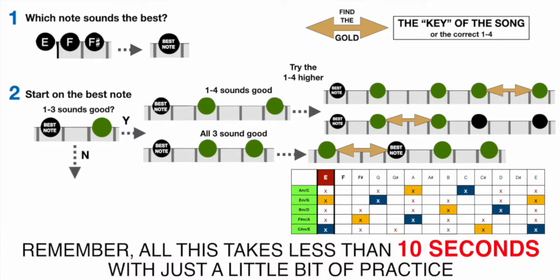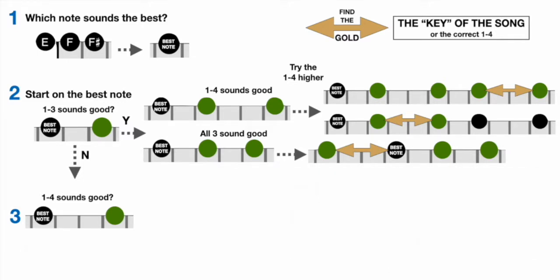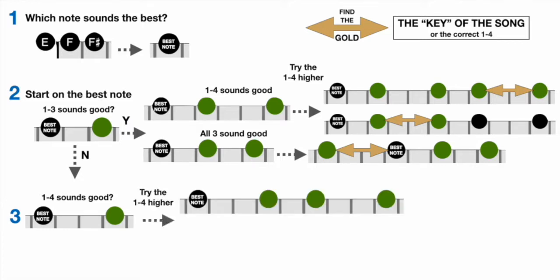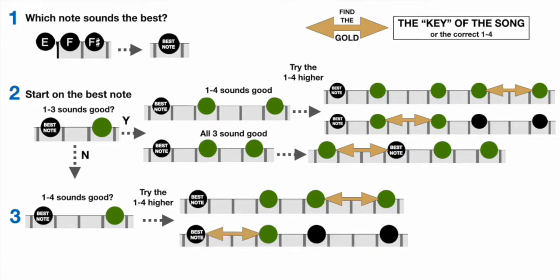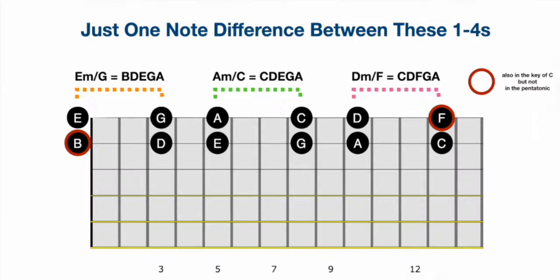Now, if initially when you try that 1/3 it doesn't sound good, the only other option is a 1/4. If you find that a 1/4 sounds good, then you do exactly what we just did in part 2: you try the higher 1/4, and if it sounds good, that has to be the key of the song. If it doesn't sound good, then the original 1/4 that you're in was the key of the song.